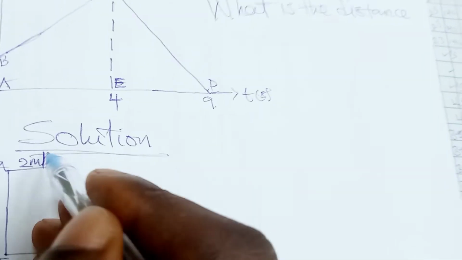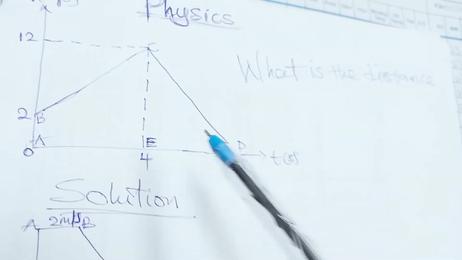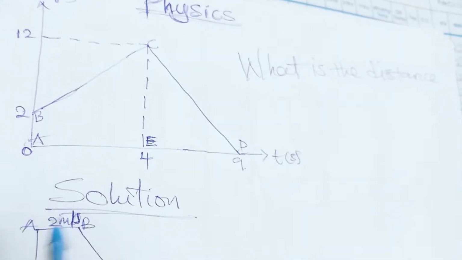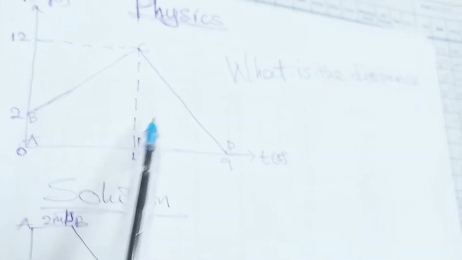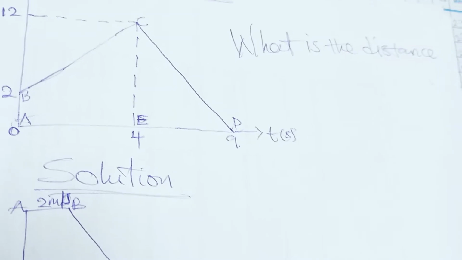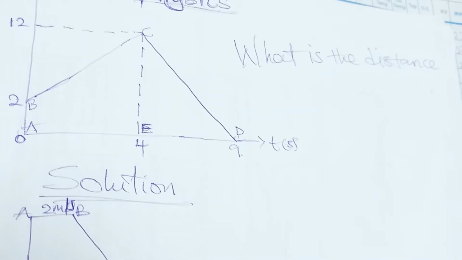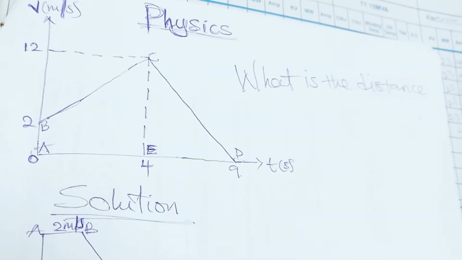Now, in meter per seconds, look at this, between C and E, we have maximum of what? 12. We have this to be 12, still in meter per seconds.